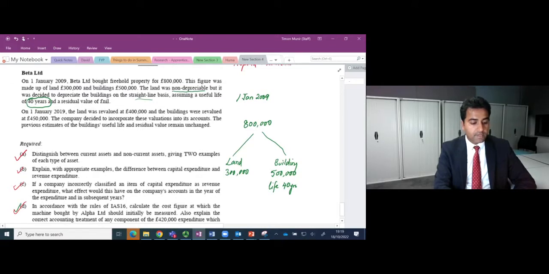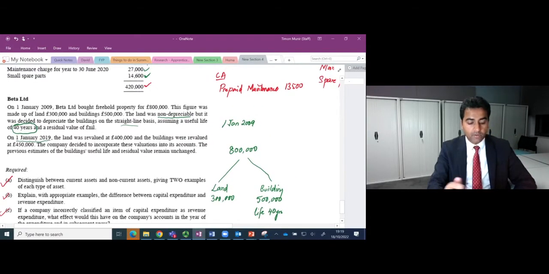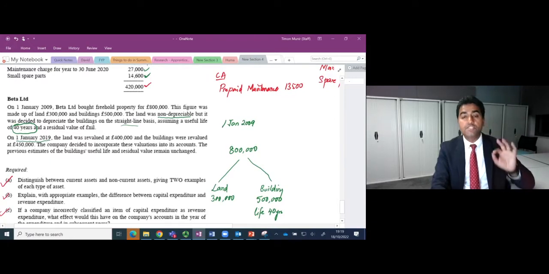On 1st of January 2019, the land was revalued at 400,000 and the building was revalued at 450,000. So we bought this freehold property on 1st of January 2009.